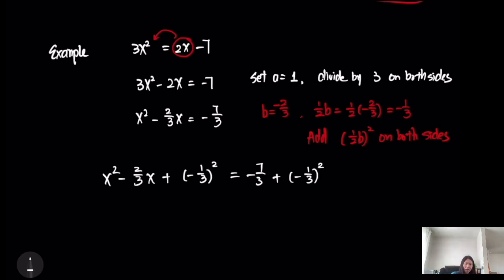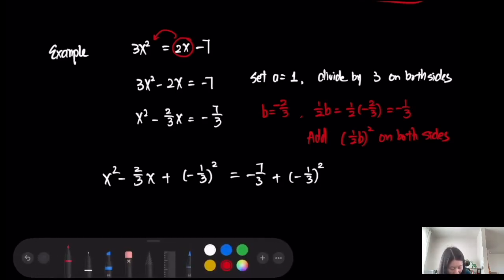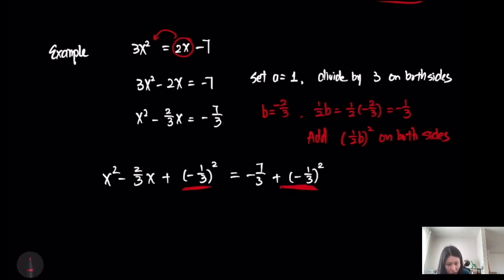So when you're adding this, make sure that you are adding half b squared on both sides, not just one side. Now, the square we're forming is x minus 1/3 squared equals negative 7 over 3 plus 1/9. Okay, now we can simplify it.